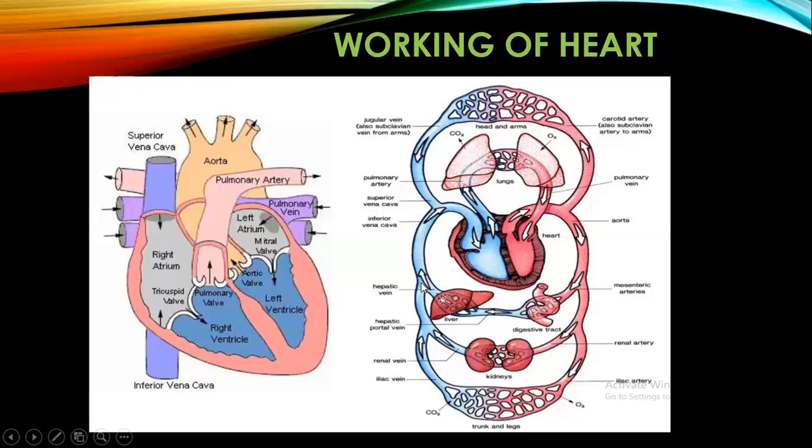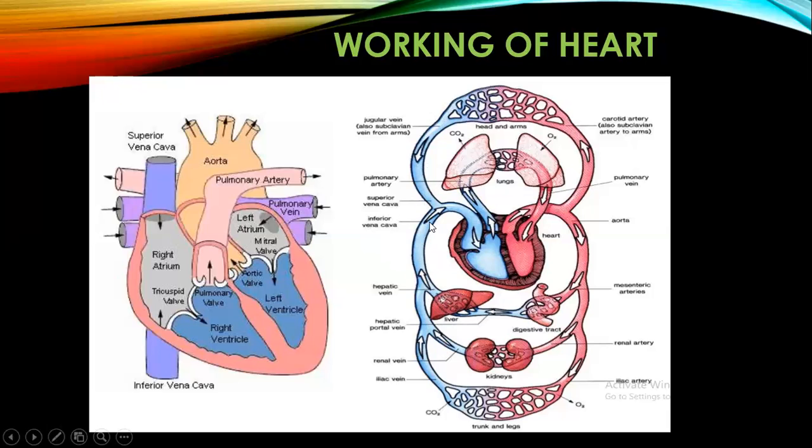All the different veins coming out from the different organs will be collected via the inferior vena cava and the superior vena cava. The names inferior and superior have been given because the inferior vena cava is collecting the blood from the organs present below the heart, and the superior vena cava is bringing the deoxygenated blood from the parts present above the heart.